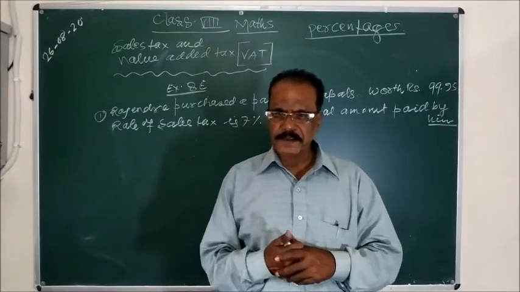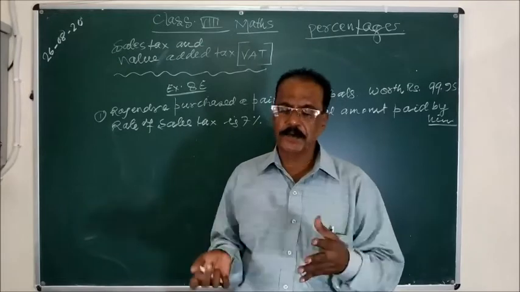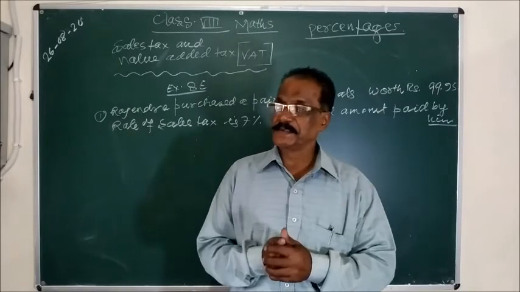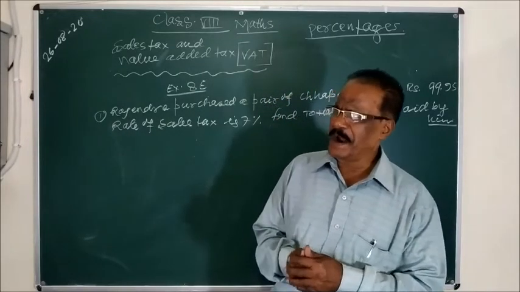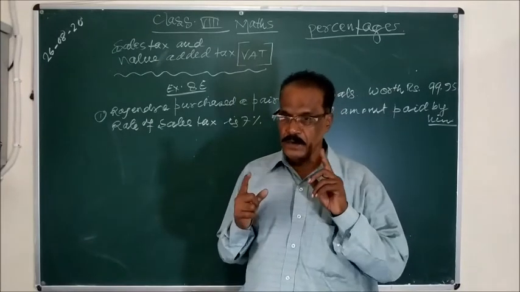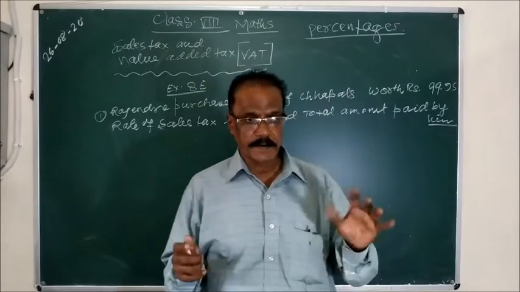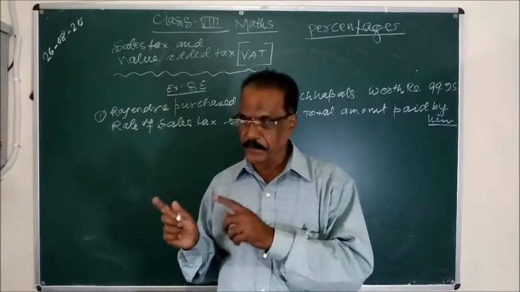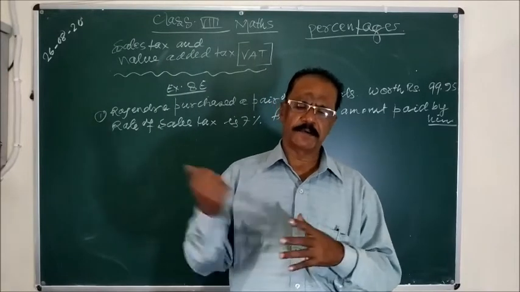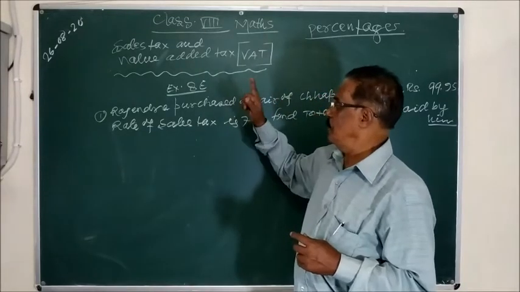In previous days, this was sales tax, but now the taxes imposed by the state government on different commodities are included in the selling price. The customer does not have to pay extra tax, because whatever price is written or marked on the item includes all the taxes imposed by the government, and that is called VAT, value added tax.